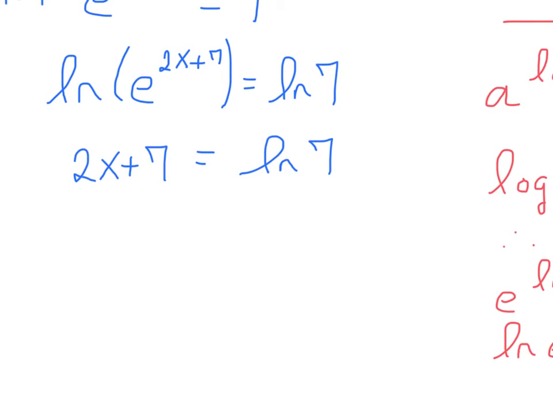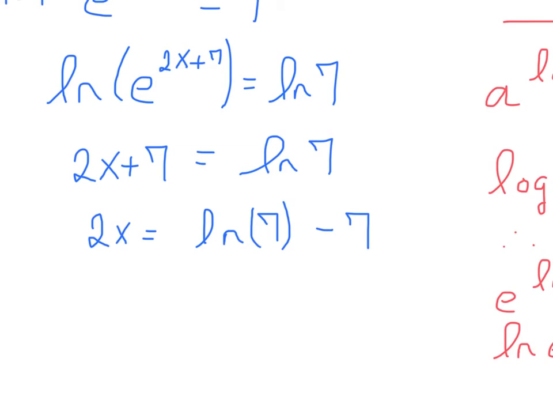Now, I can just solve for x in the usual way. So I'll subtract 7 from both sides. We'll get that 2x is equal to the log of 7 minus 7. The brackets here indicate I'm only taking the log of that first 7.